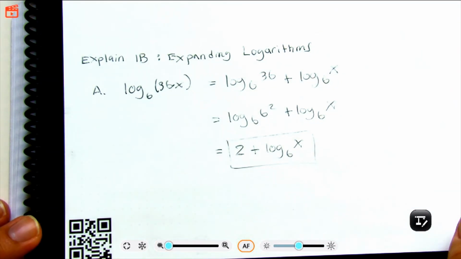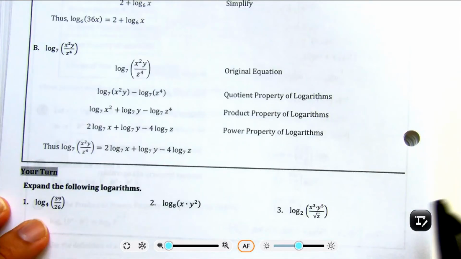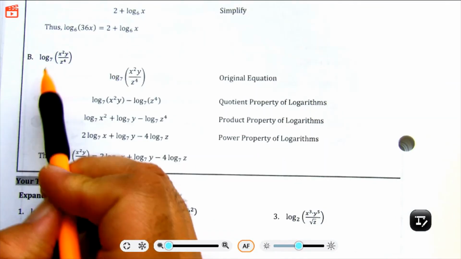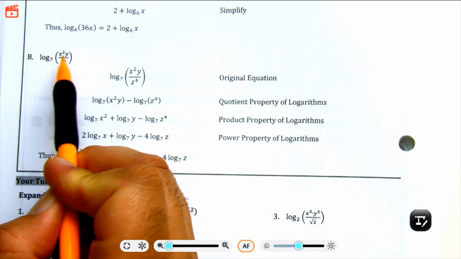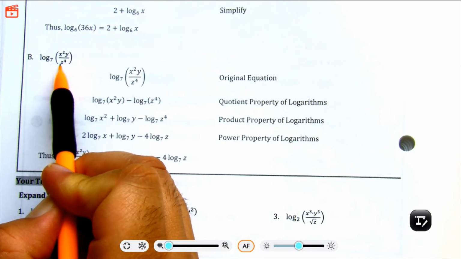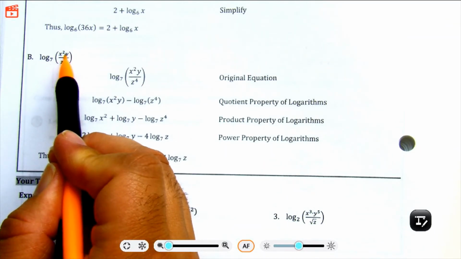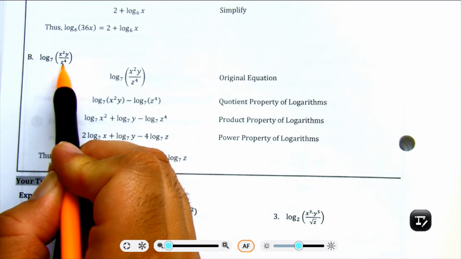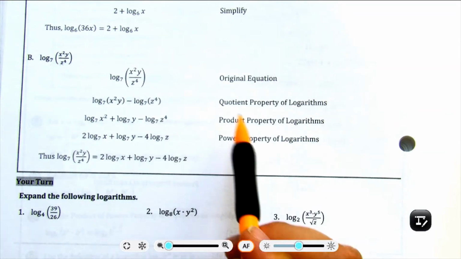And the last example, I'm going to just kind of walk you guys through the steps. So we have log 7 x squared times y divided by z to the 4th power. So you're using the product property between x squared and y, and then you're using the quotient property with z to the fourth. If you start with the quotient property, we could separate this.